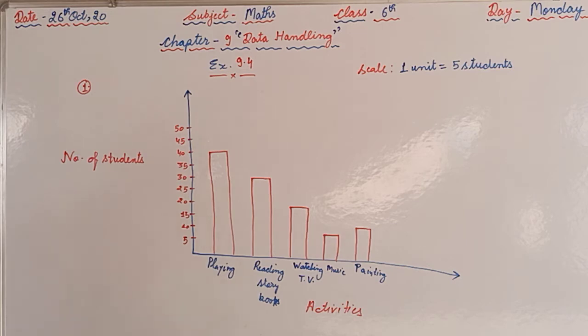If the scale is not given, then according to our convenience we can select the scale. So this was the question number 1 of this exercise. Afterwards, we are supposed to discuss question number 2.